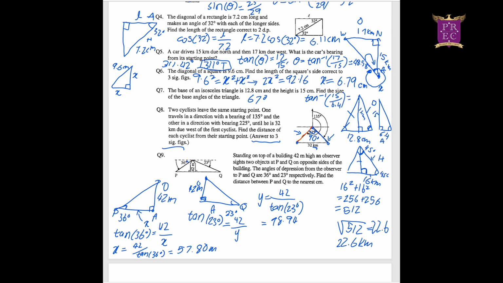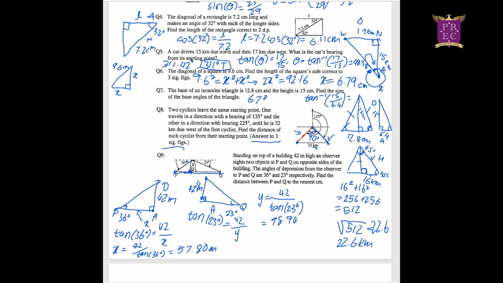But remember, when you're using numbers and rounding them up, you can't use the numbers that you rounded up for the final answer. Because you're adding up this distance and this distance. So you need to use the exact values, add them up together, and then round it up at the end.